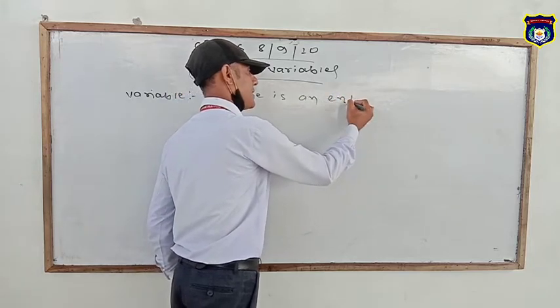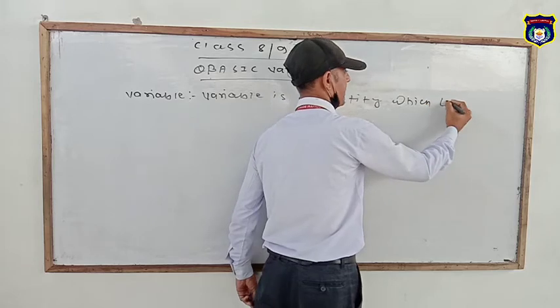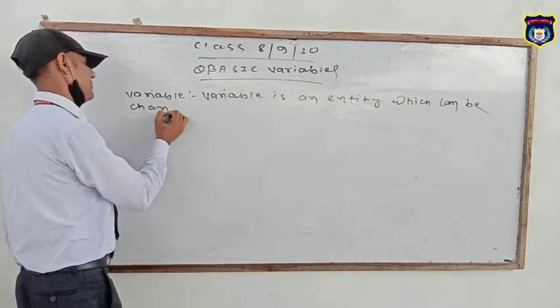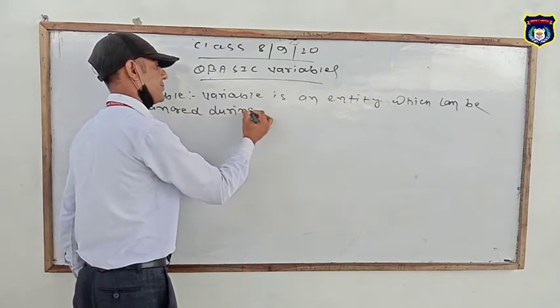Variable is an entity which can be changed during the program execution.